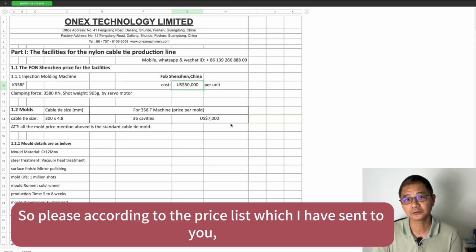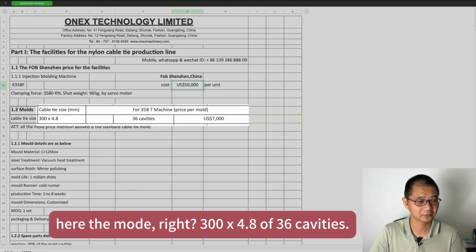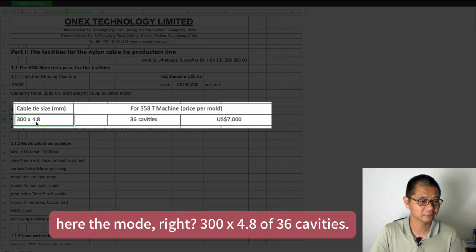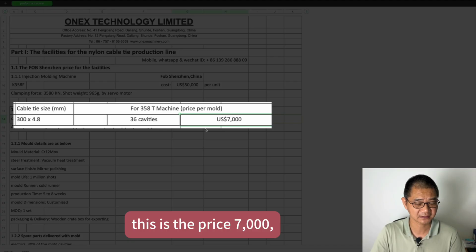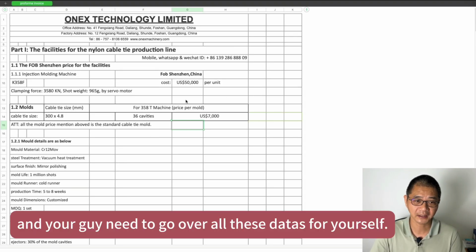So please go by the price list which I have sent to you. Here the mold, right? 300 by 4.8 for 36 cavities. This is the price, 7,000. And you need to go over all this data for yourselves.